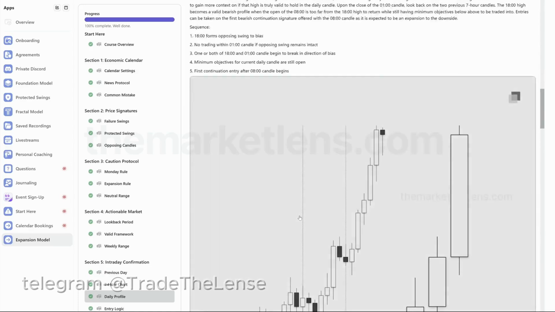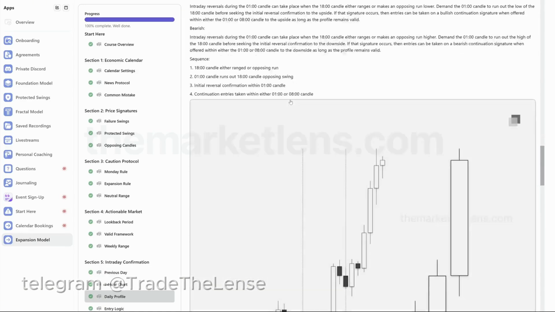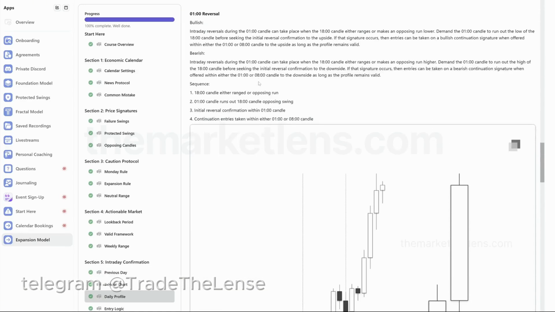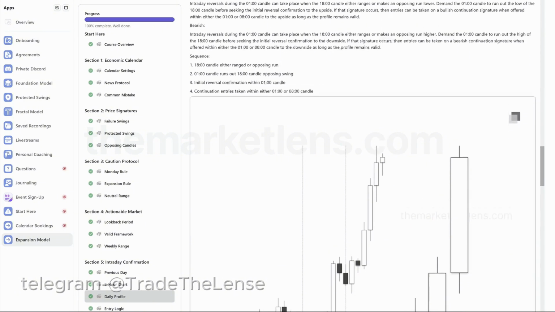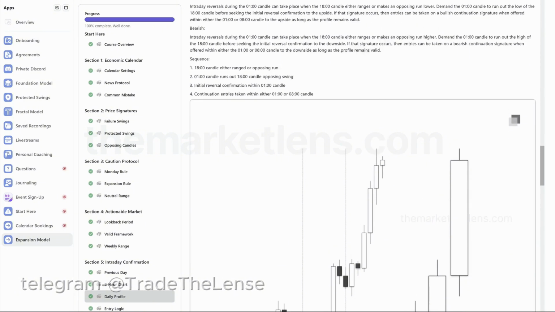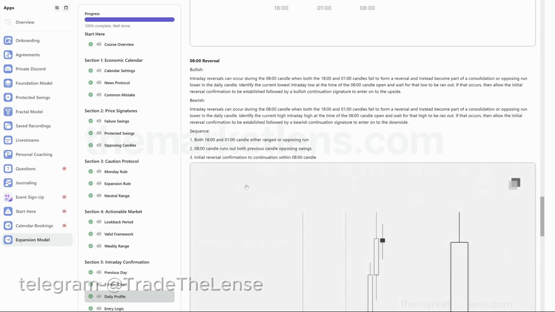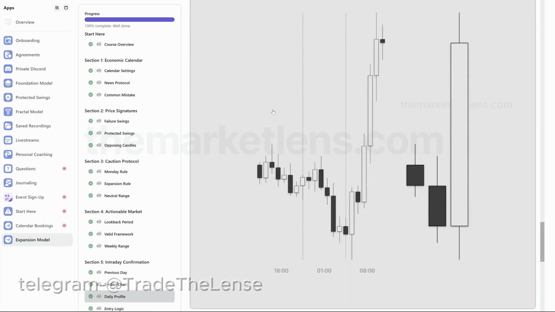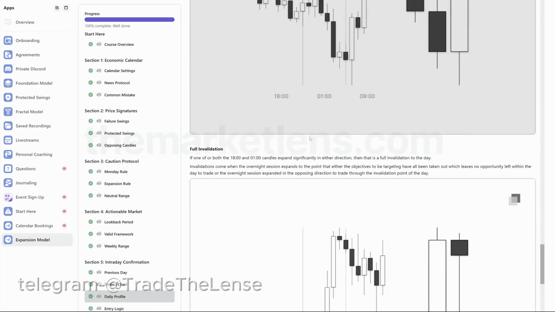And then you can go through these as well, where these other profiles show what has to happen. Okay, the 18 candle is ranged or makes an opposing run. The 1 o'clock candle runs out the opposing swing of that candle. You have initial reversal and then continuation entries. You can read through these because it's just going to rephrase what I'm saying.